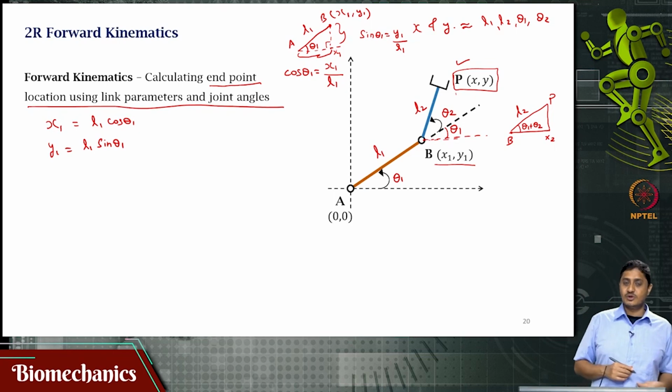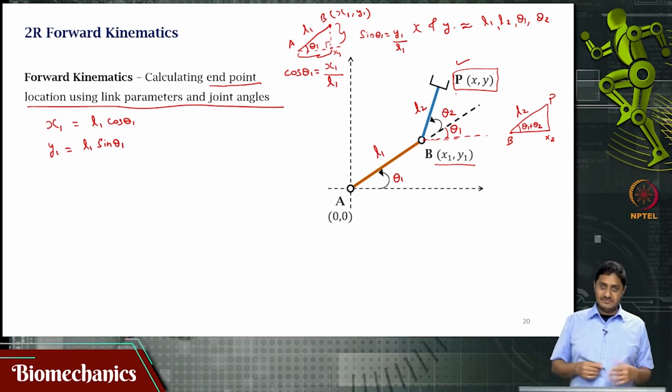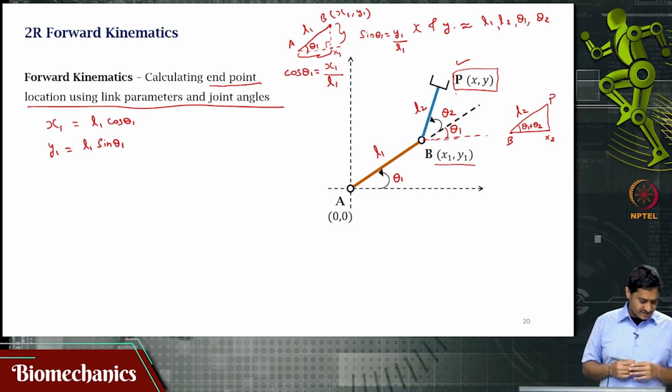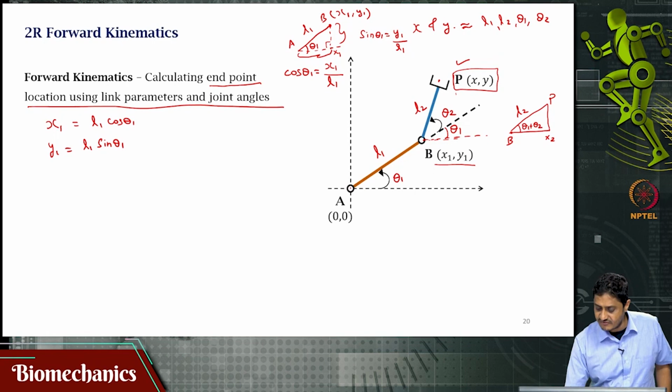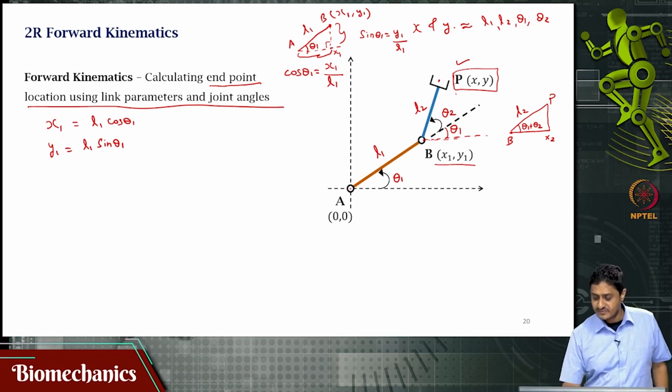Then I can move this to the coordinate A. So, that is the idea. You could try this as an exercise, but I will write out the final answer of this point x comma y as a function of the coordinate system located at A.